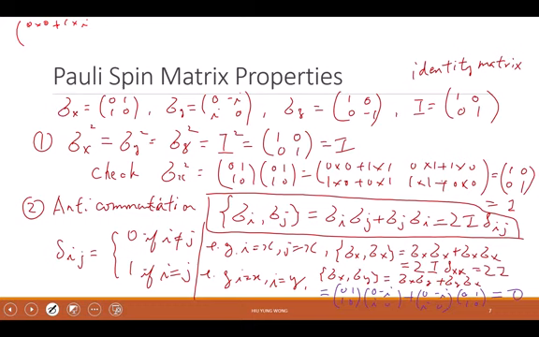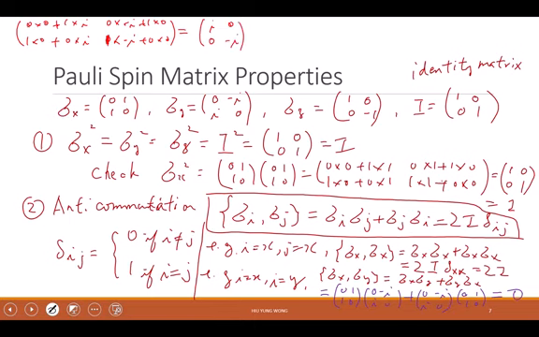And then we have 0 times negative i plus 1 times 0. And then we have 1 times 0 plus 0 times i. And then, I'm sorry, 1 times negative i plus 0 times 0, right? What is this for the first term? Yeah, this is i, 0, 0, negative i. Okay, so this is the first term.